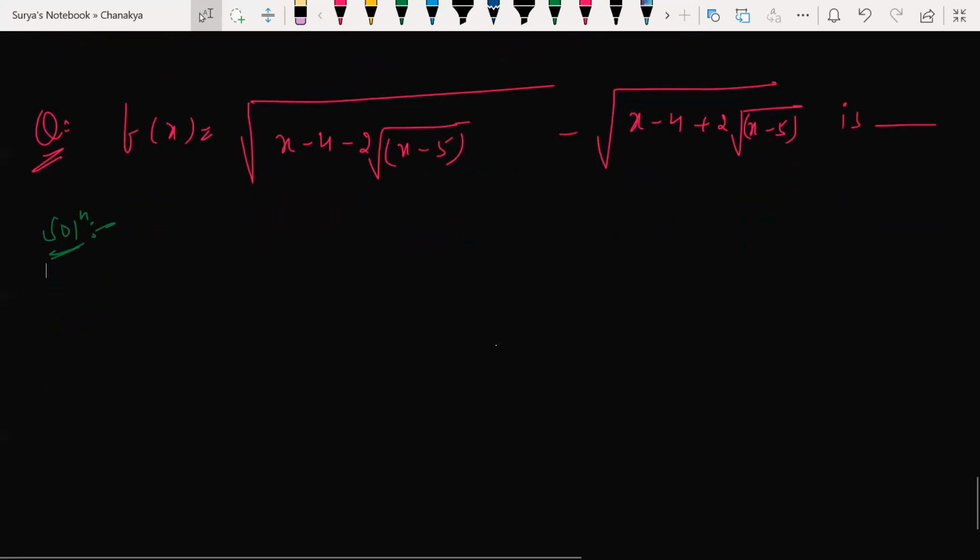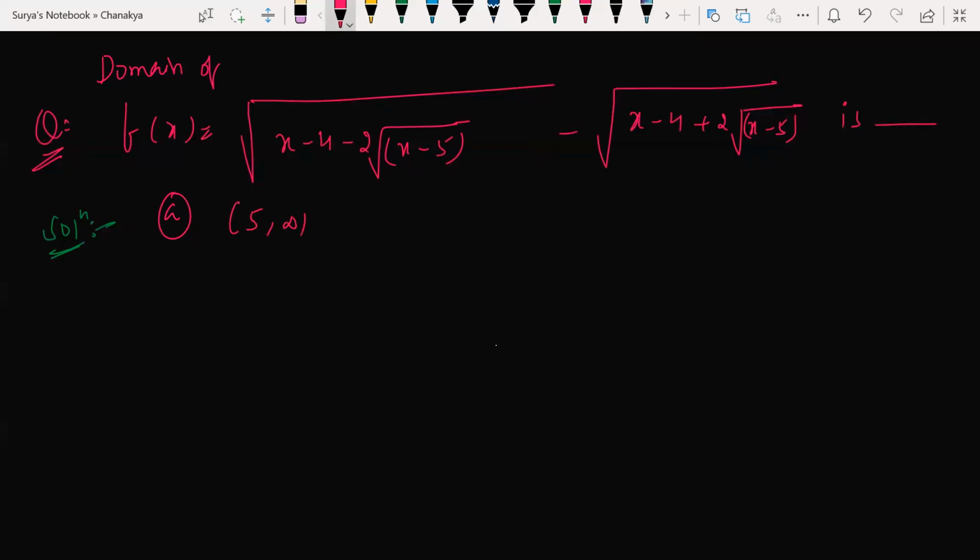What is the domain of this? Let me give the options. Option A, 5 to infinite. Option B, 4 to infinite. Option C, 5 to infinite. Option D, 4 to infinite.